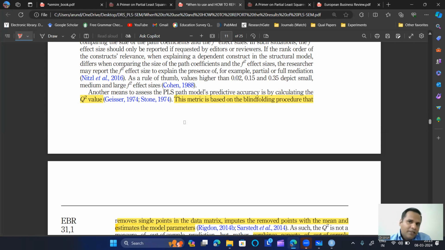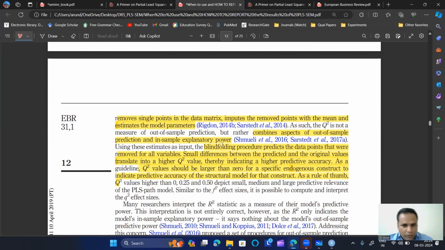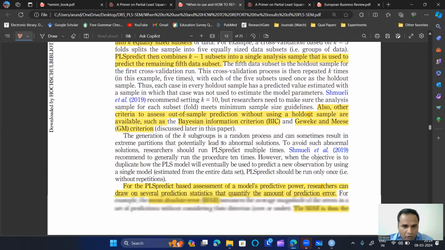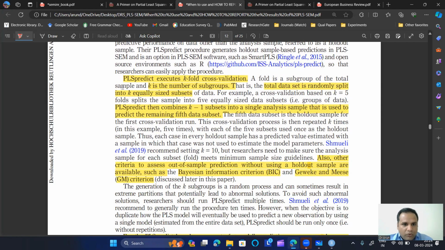It's very complicated, so it can't be handled by manual methods. But cSEM is a package that can give you Q square values. Again, I'll tell you what the defect of the cSEM package is later on, not now, otherwise you'll get confused.